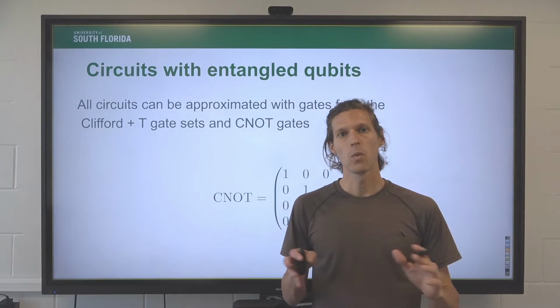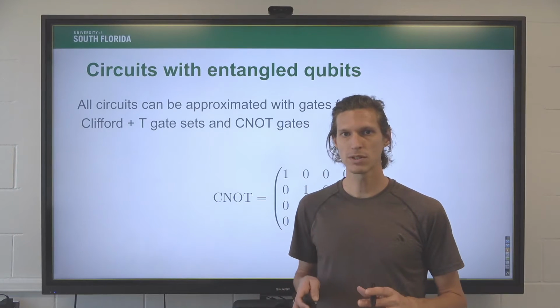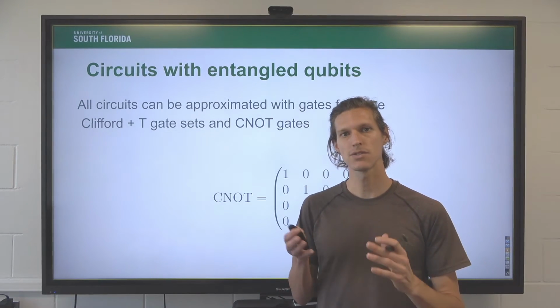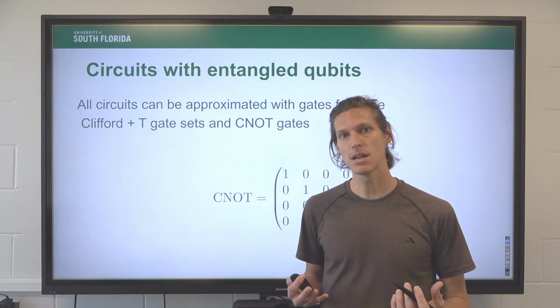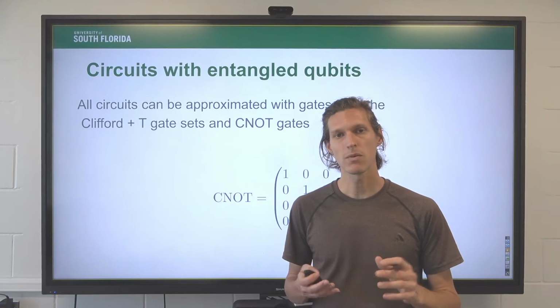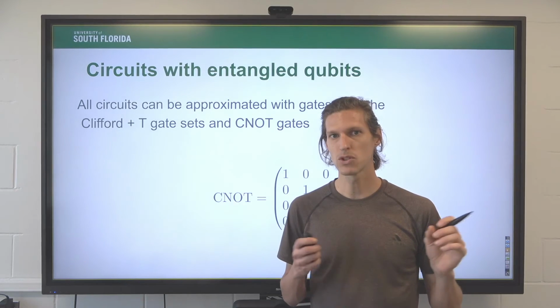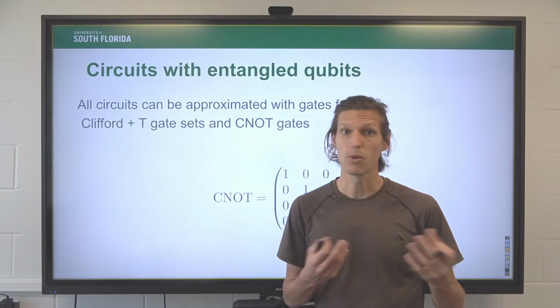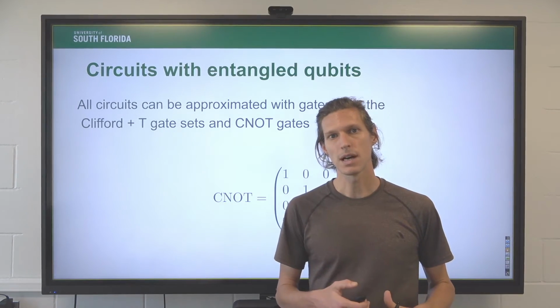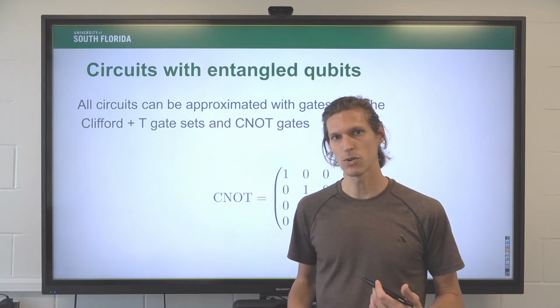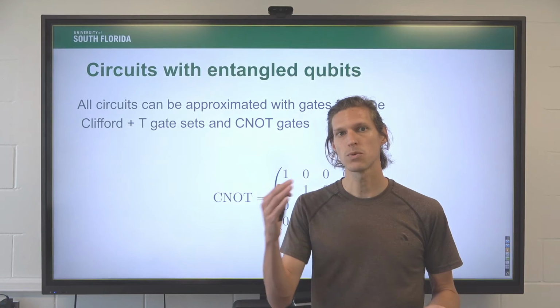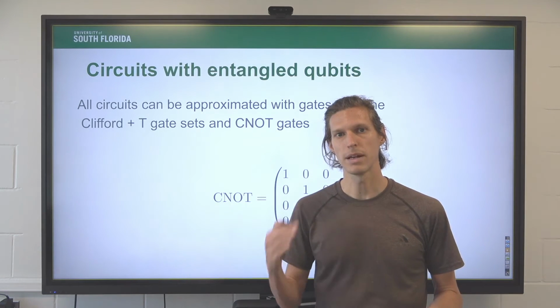Now, one of the most important gates in quantum algorithms is the CNOT gate, because this is what realizes entanglement between the wires or the qubits. Previously I showed you the kind of general design that we're using, but this was occurring on independent qubits.